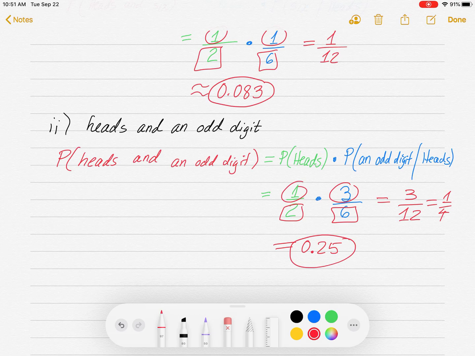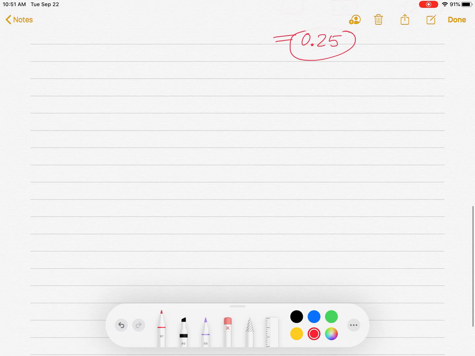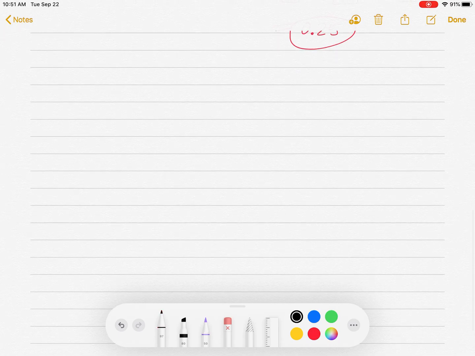All right, so let's go on to maybe cards. Cards are pretty common. Let's do some exercises here.